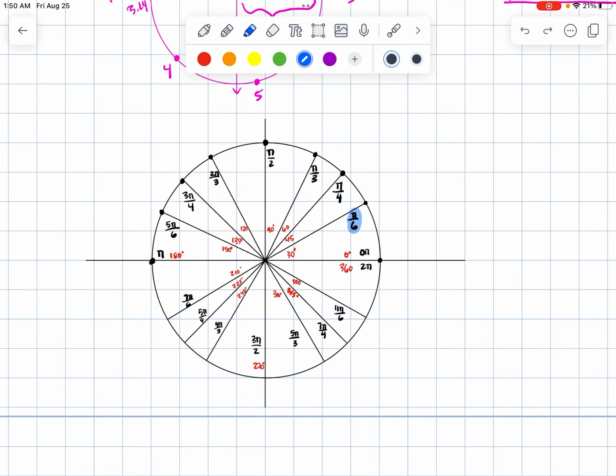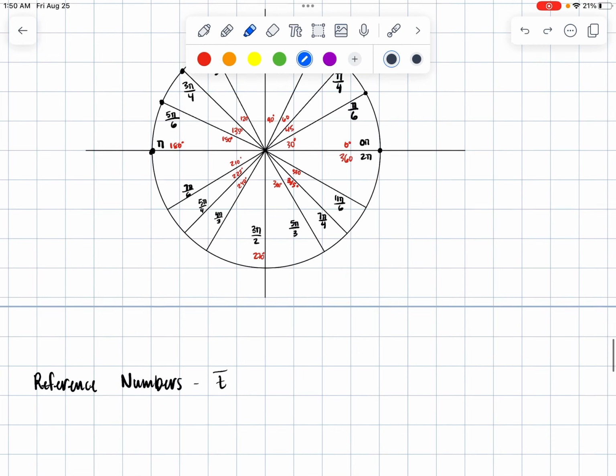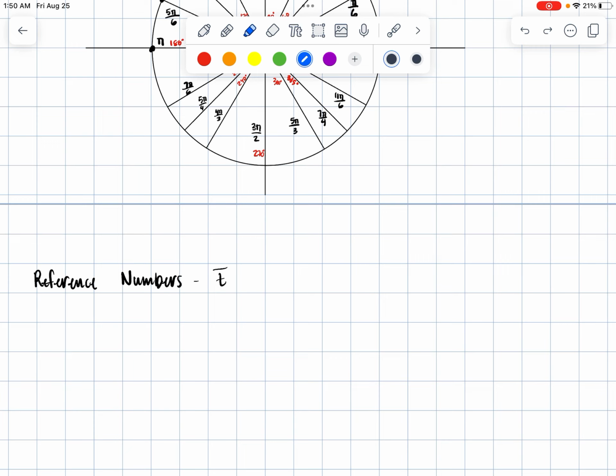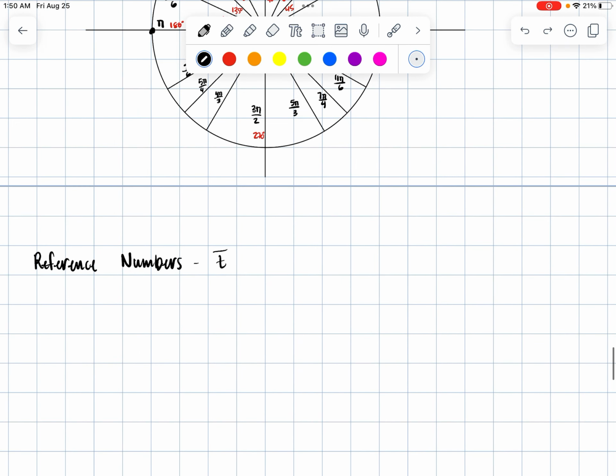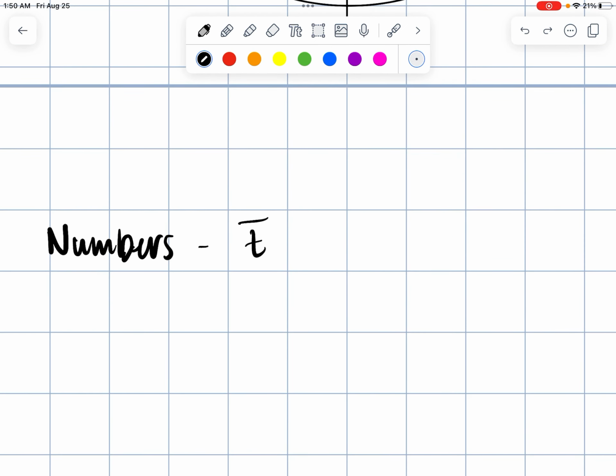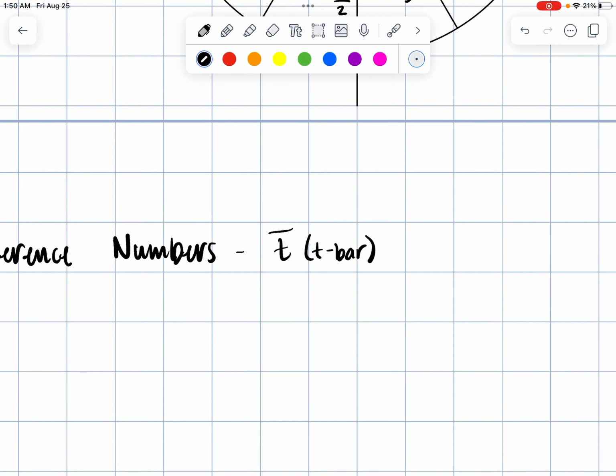These are your terminal values, and that's going to be different from T-bar. T-bar has a very specific definition, and we'll get into it, but it's denoted with the bar above the T, which is why we call it T-bar. So T-bar is what we're going to call it in this particular lesson, or reference number.